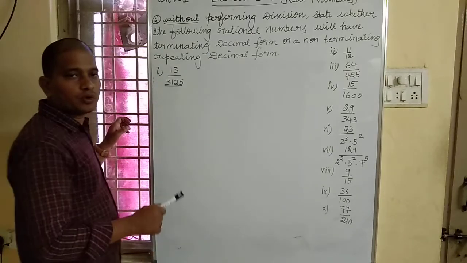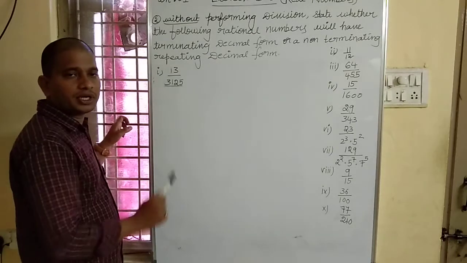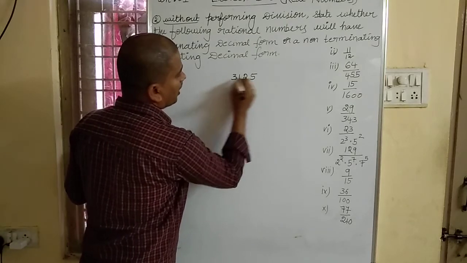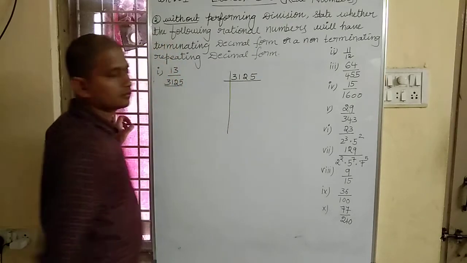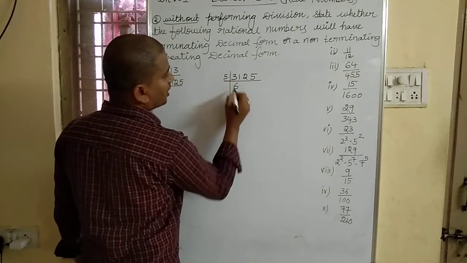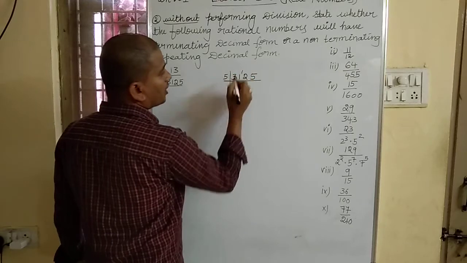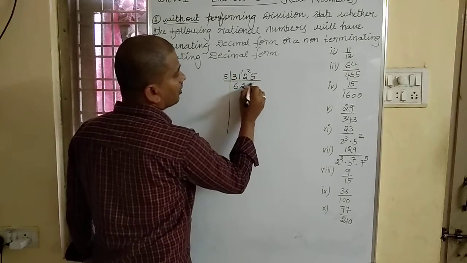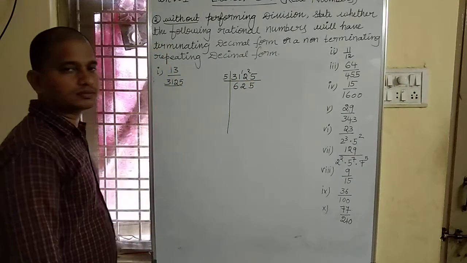So let us find the factors of the denominator, that is 3125. Let me go with the 5 table. 5 6s are 30, 5 2s are 10, 5 5s are 25.